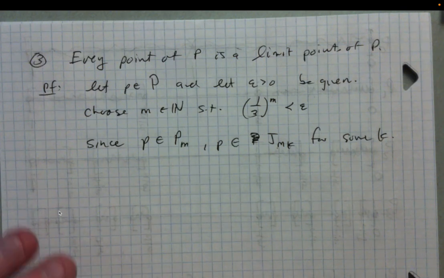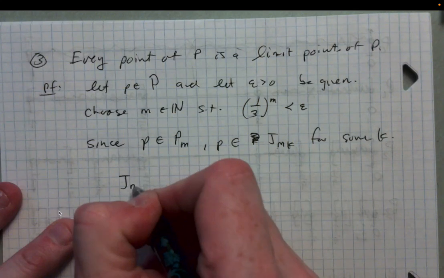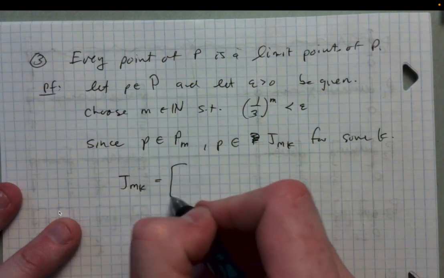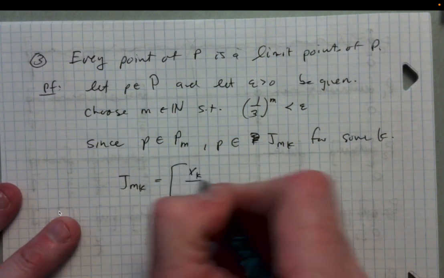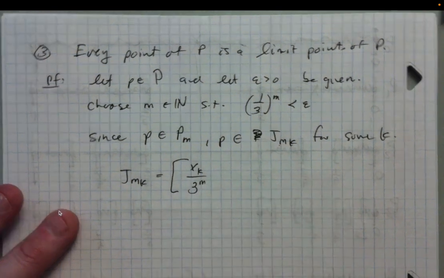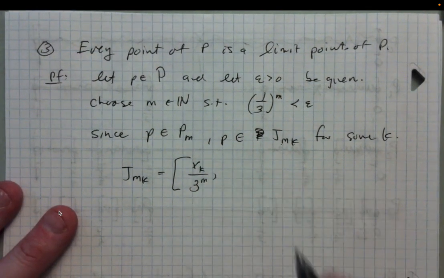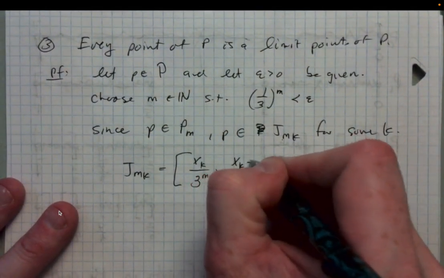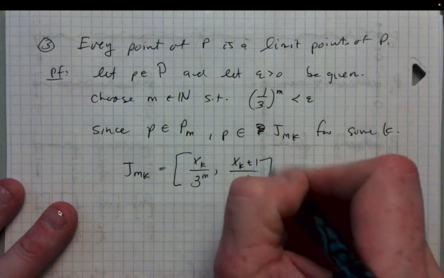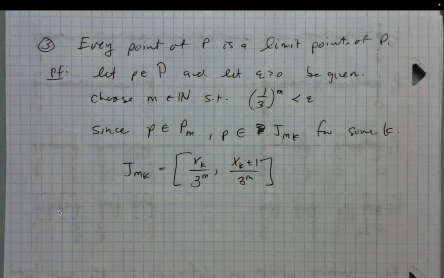And what does J_mk look like? It's a closed interval of this form: the lower endpoint is x_k divided by 3 to the m, and the upper endpoint is x_k plus 1 over 3 to the m. What's the length of this interval?